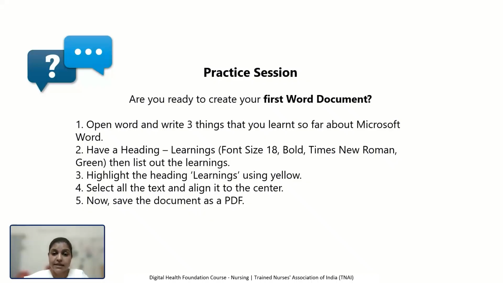Once done, select all the text and apply center alignment. Finally, save the document as a PDF using Save As option and selecting PDF as a file type. This hands-on task would help you reinforce everything we've covered in the module so far and build real confidence in using Word.